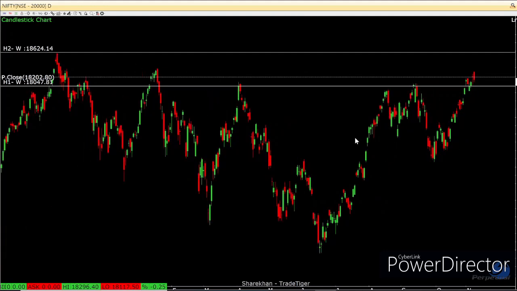As you see, I have gone to the daily chart, and you can see how many more candles are there on the daily chart compared to the weekly chart, because now we've gone to a smaller time frame and we are refining it, hence the more candles.